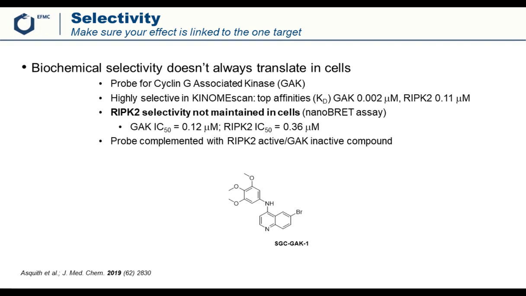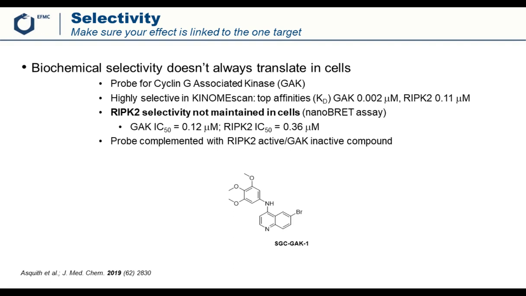However, they looked in cells using a NanoBRET technology, and they found that the activity on GAK was 120 nanomolar, but the activity on RIPK2 was 360 nanomolar. So the 50-fold selectivity turned into a 3-fold selectivity, which essentially is no selectivity at all.